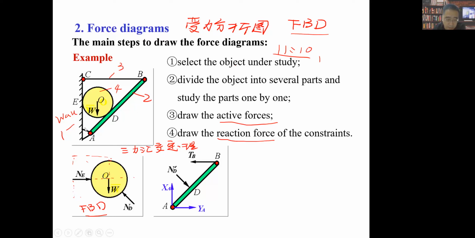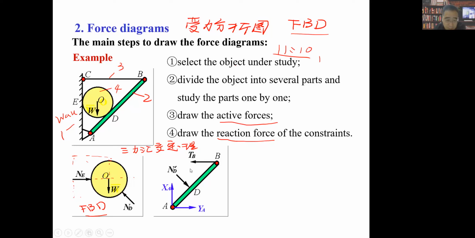We have a fixed hinge here, we have smooth contact here, and we have a tension constraint here, right? So when you figure out what kind of constraint is at each point, you already know how to draw its reaction force, right?